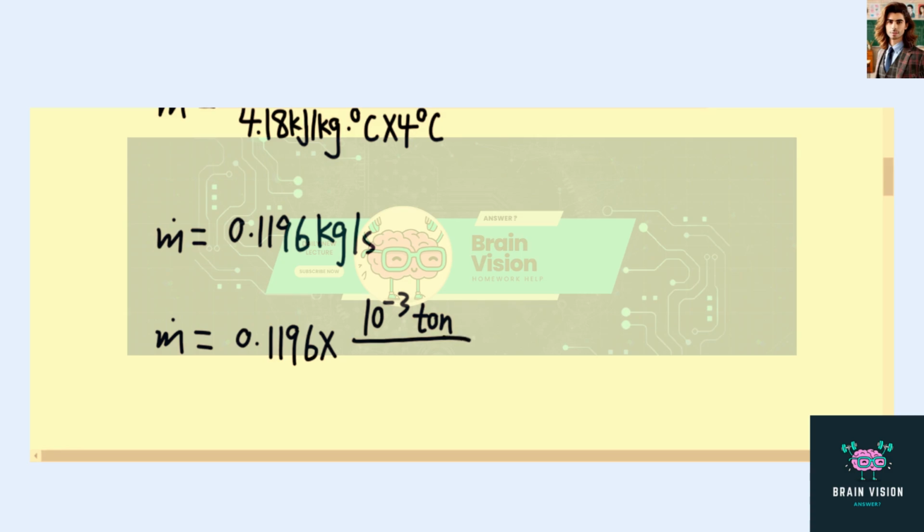And we know 1 second can be equal to 1 over 365 times 24 and then times 3600 year, since we know in 1 year there are 365 days, in 1 day there are 24 hours, in 1 hour there are 3600 seconds.